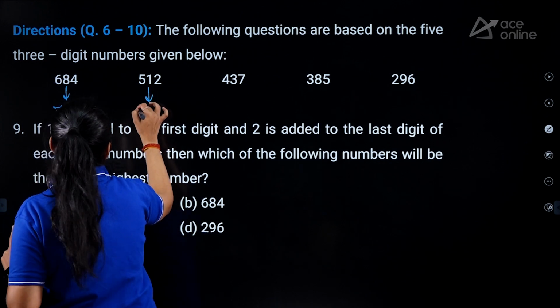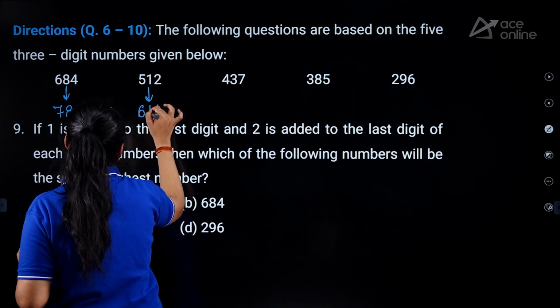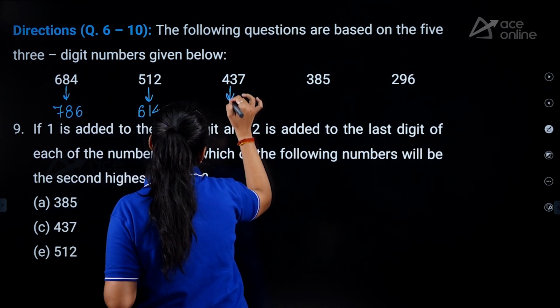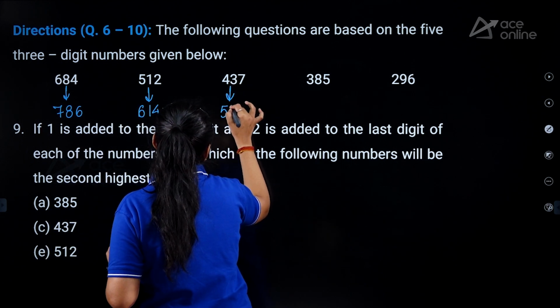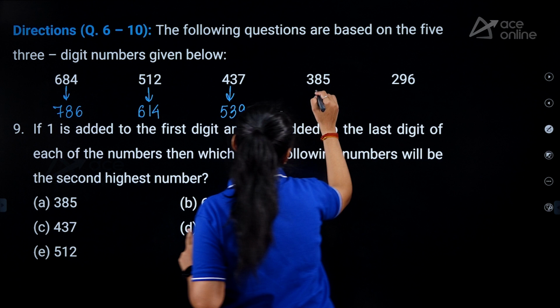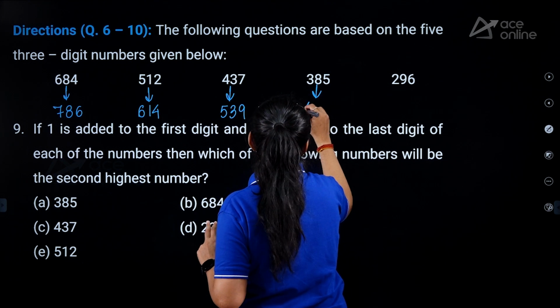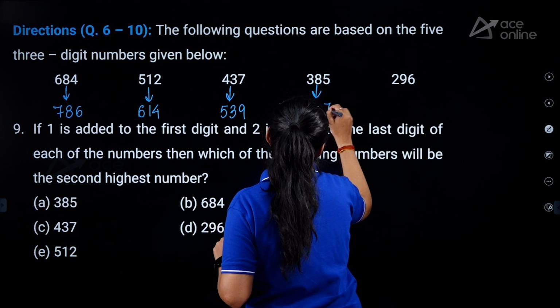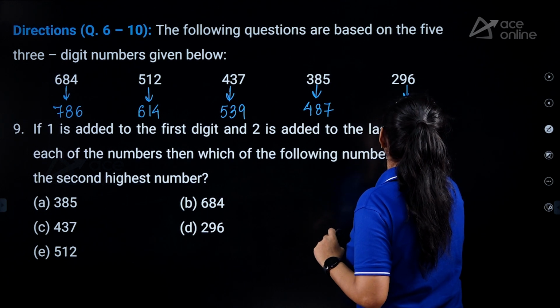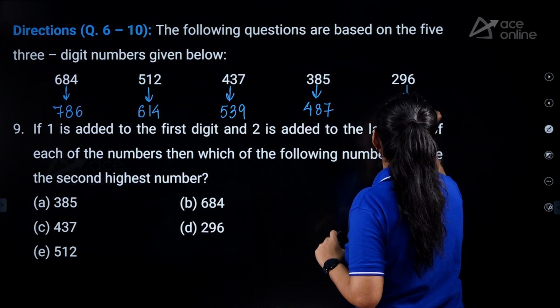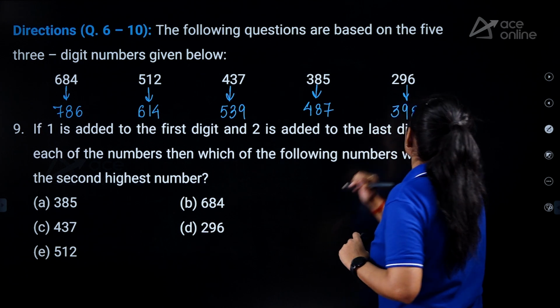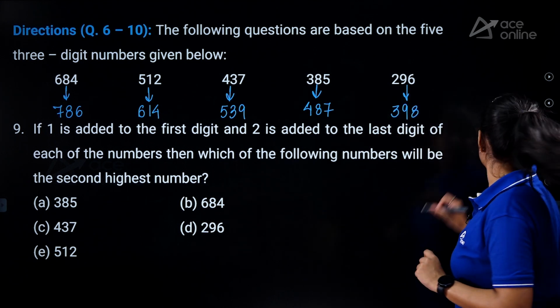And this will become 614. This will become 539. This will become 487. This will become 398. So here we have our resultant numbers.